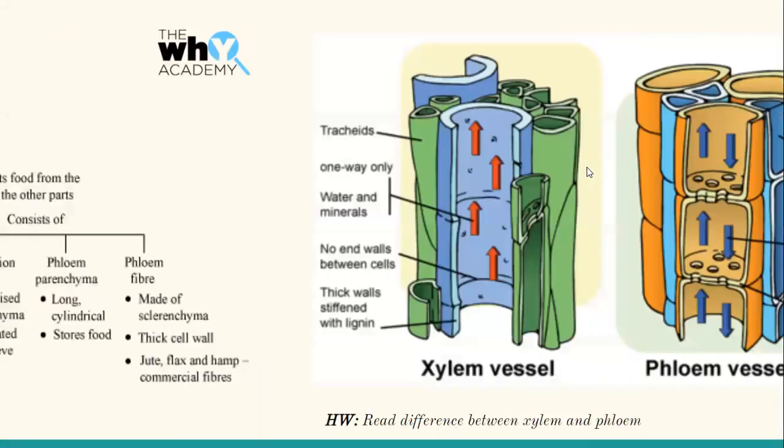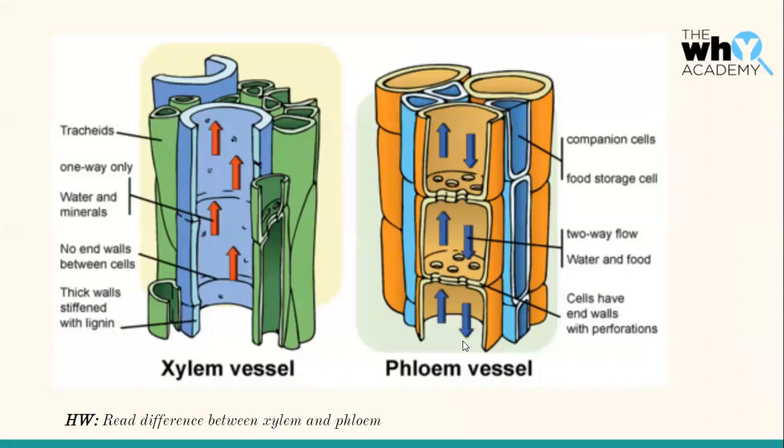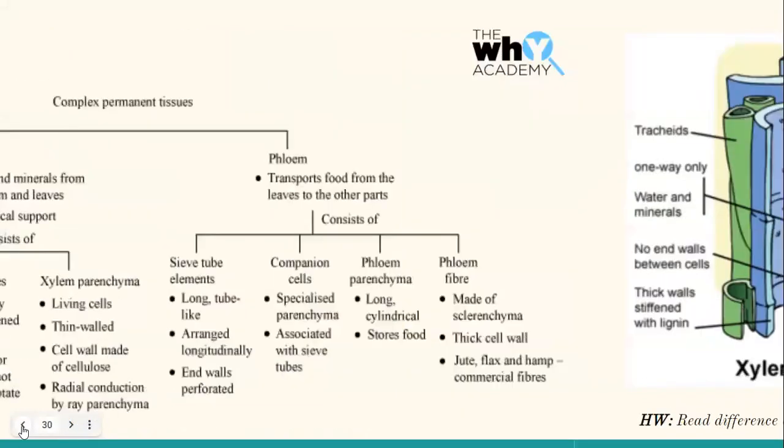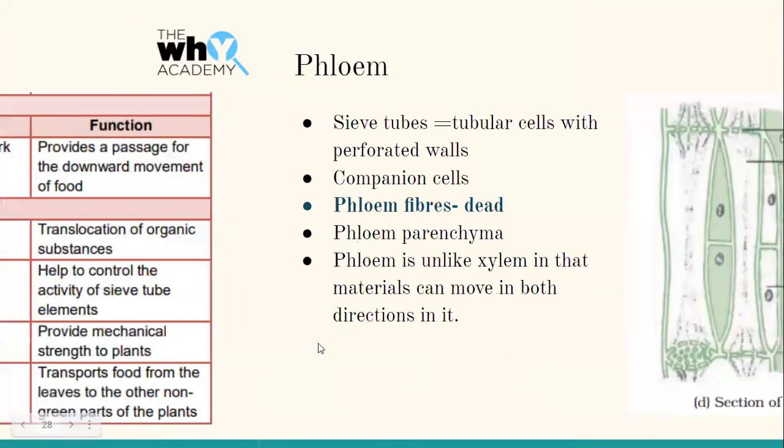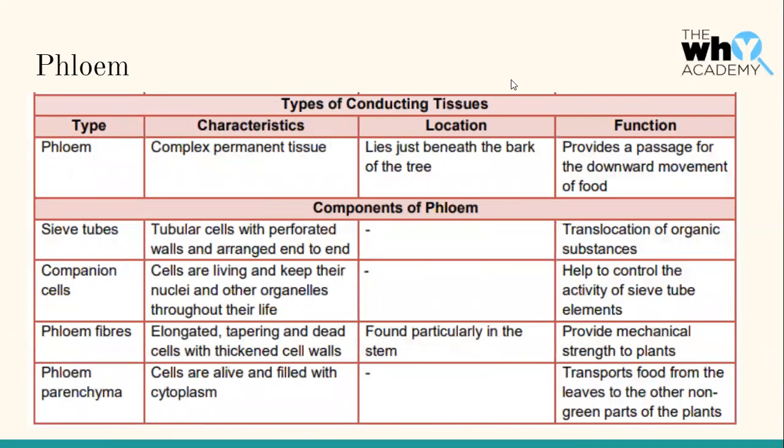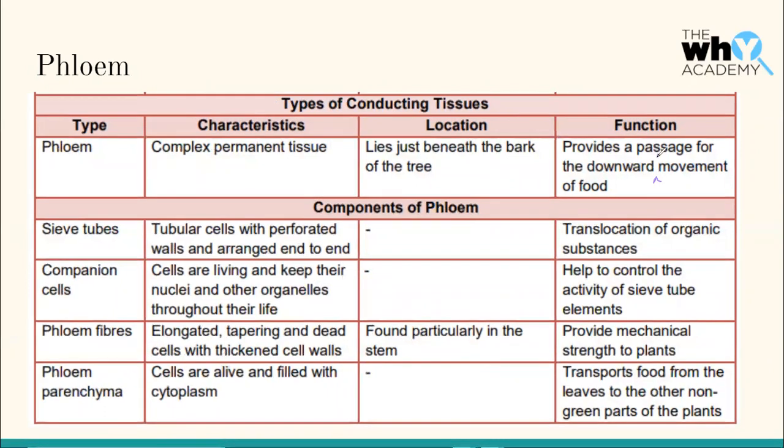So phloem ideally will have two-way flow, and xylem will have one-way flow. I think they have mentioned downward just for simplicity's sake. So you can make it both ways here. You can add upward here.